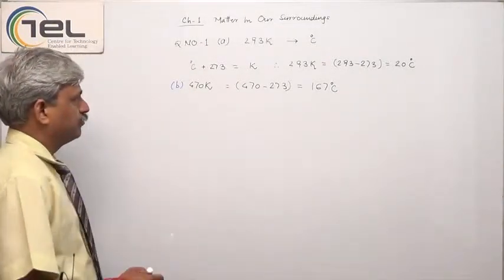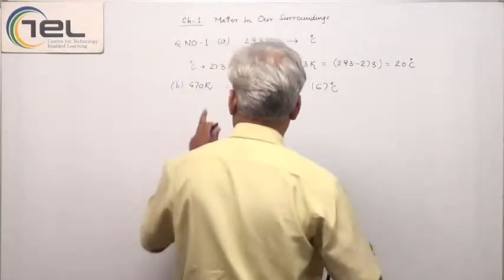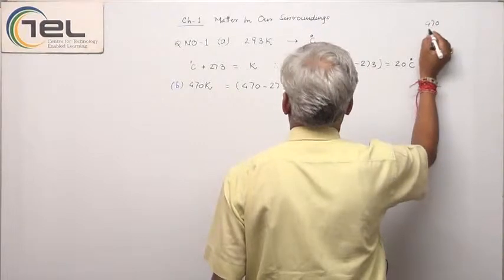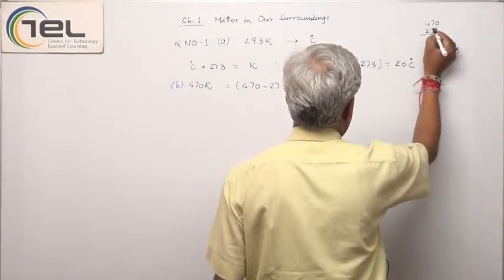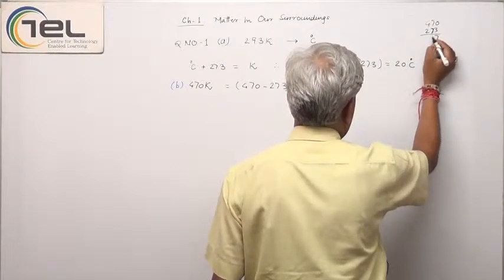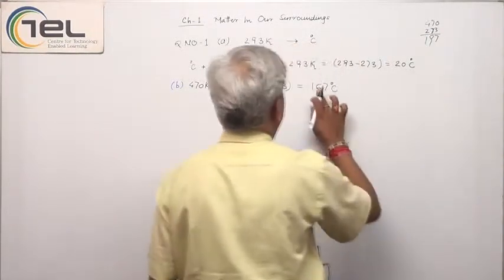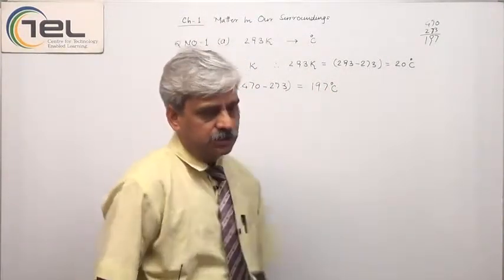So this way you have to find out the relation, the Kelvin scale into the degree Celsius scale. I am just cross checking it. Sorry, this is 197 degrees Celsius.